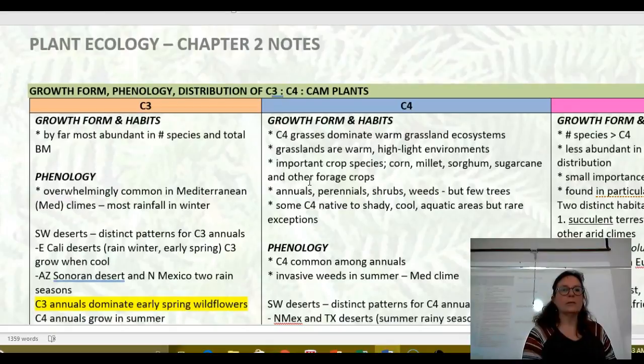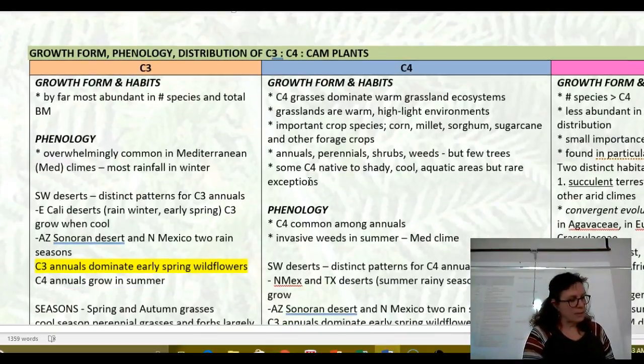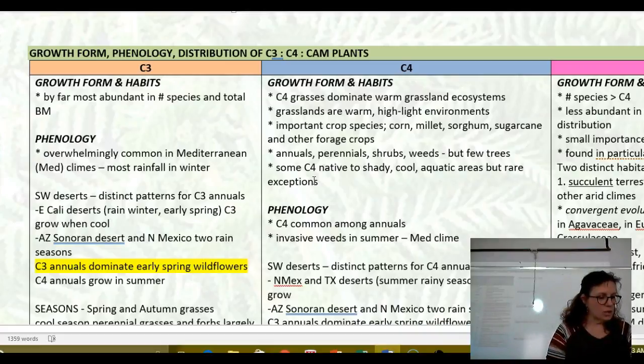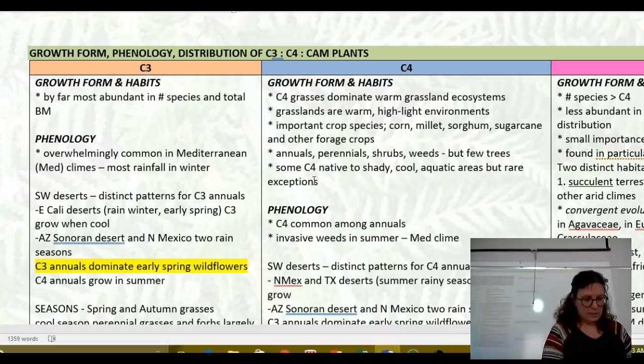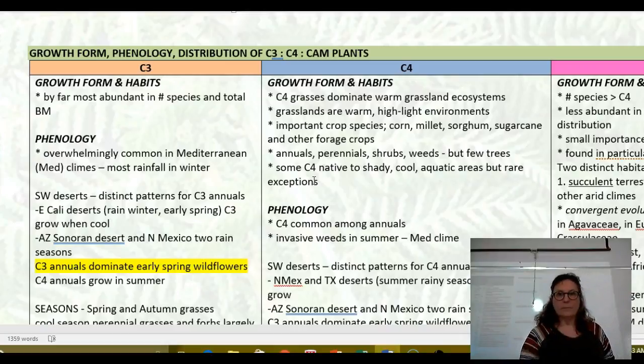Let's move ahead and look down in our section at the end of chapter 2, growth, form, phenology, and distribution of these different species or strategies of photosynthesis.